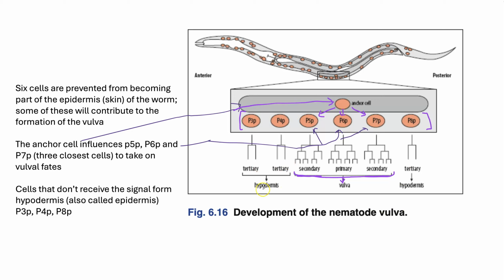These together form the vulva, and then eventually, after a few steps in development, the cells that were restricted from forming hypodermis to begin with go ahead and form it after all. So they go on and form hypodermis, which is just regular epidermis.